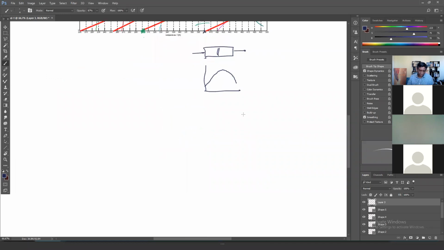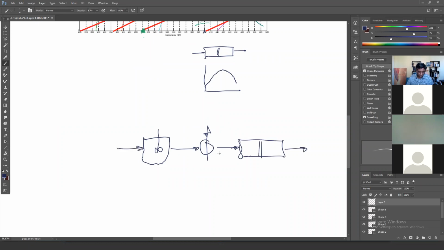So let's draw it again here. We had the CSTR here, and we said we had the cooling, and we have the PFR. And we know we are coming back at 300 Kelvin here. We have 300 Kelvin here.